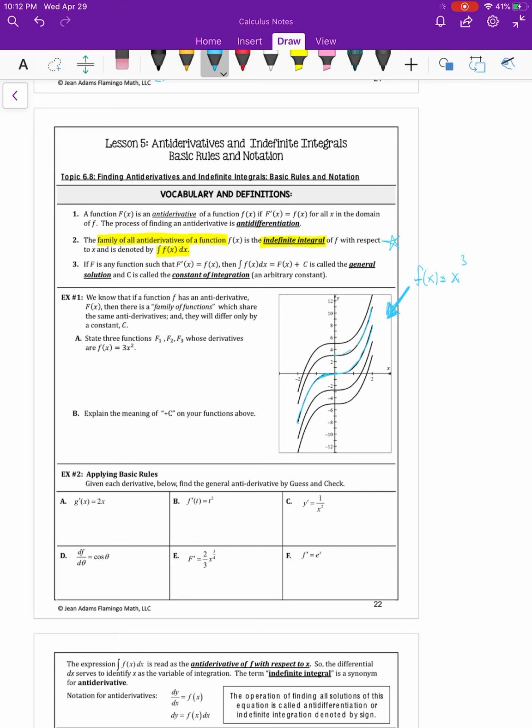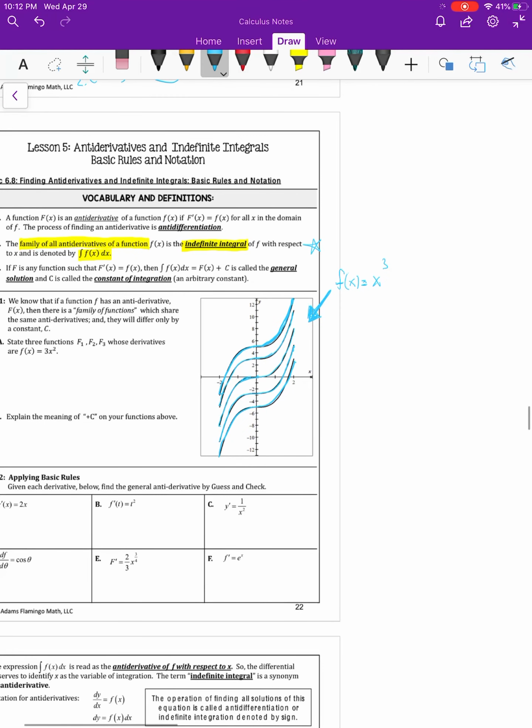The one that is up is going to be x cubed plus 3. This one's going to be x cubed plus 5. This one looks like it's about x cubed minus 3. This one is x cubed minus 5.